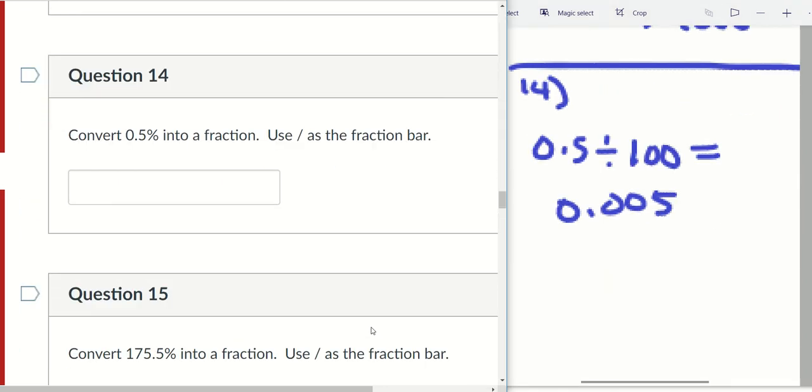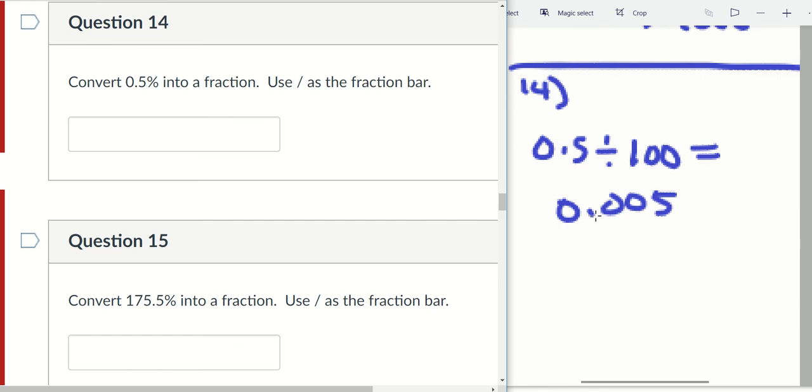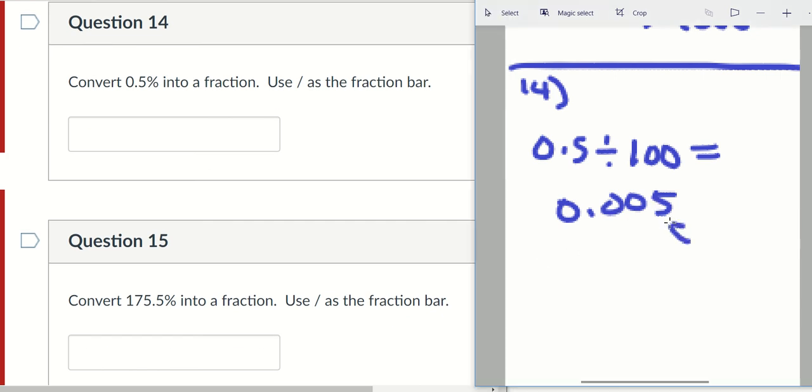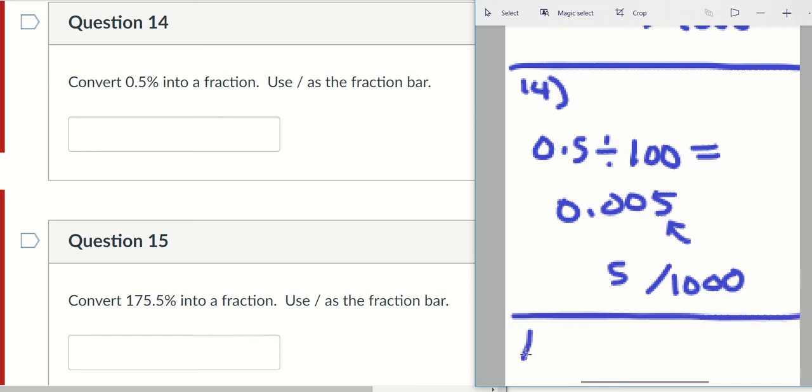So for 14, the decimal is 0.005. What decimal place is the 5 in? 1,000. So we know our denominator will be 1,000. What goes on top? 5. That's it. Don't worry about reducing. All right. In this class, you can just leave it as 5/1,000 for number 14.